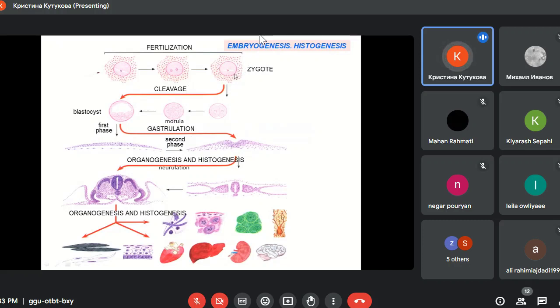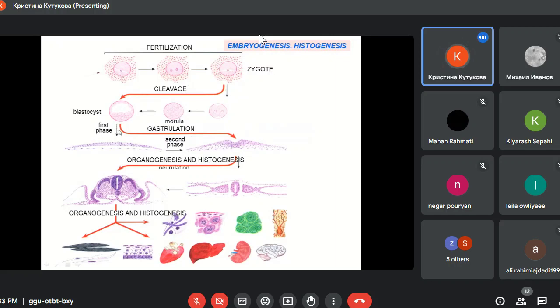Next, the zygote starts to divide via a specific type of division called cleavage, and it divides to the stage of so-called morula, which consists of several blastomeres with no cavity between them, no spaces between them. Then the cavity starts to appear inside this embryo, and now it is called blastocyst.